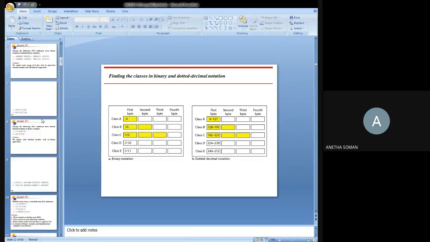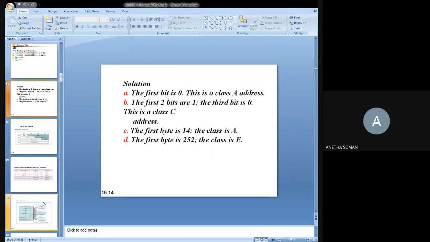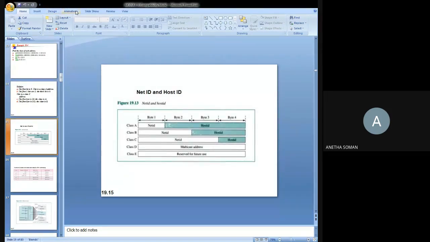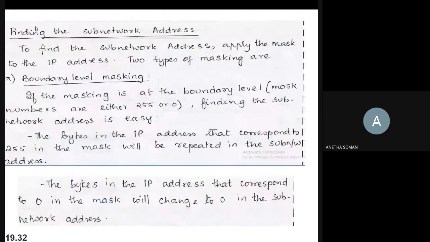Okay, now today we will be learning the terms network ID and host ID.